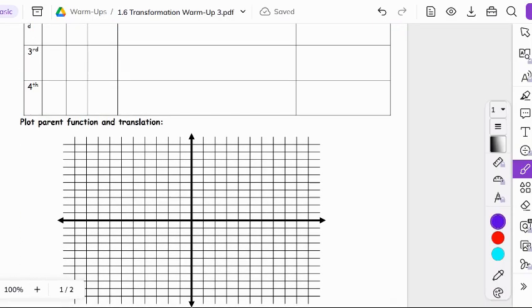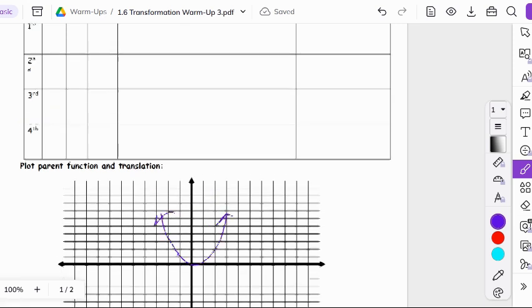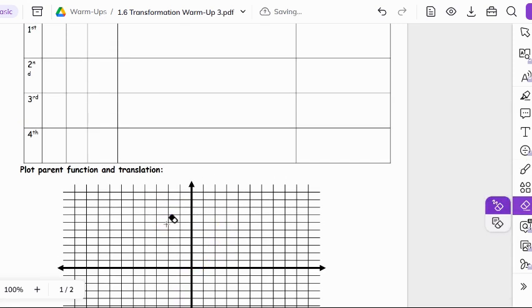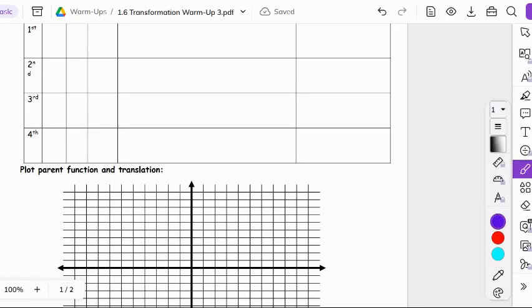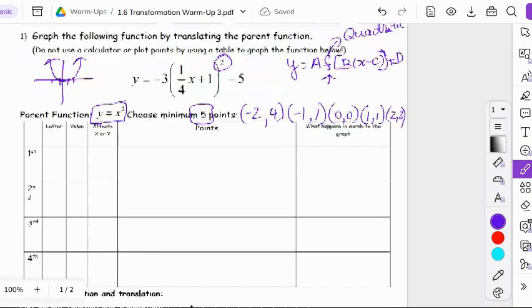I know that the parent function is actually just a regular parabola. I would plot those points. Actually, I guess we could plot the points nicely. And so the parent function points are going to be -2, 4, then -1, 1, then 0, 0, and then they're going to be mirror images. So this is your parent function, the parabola.